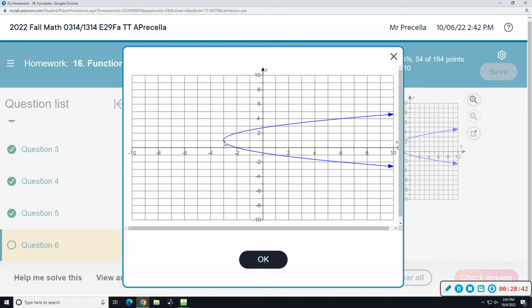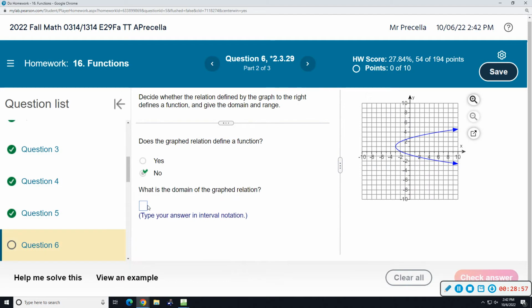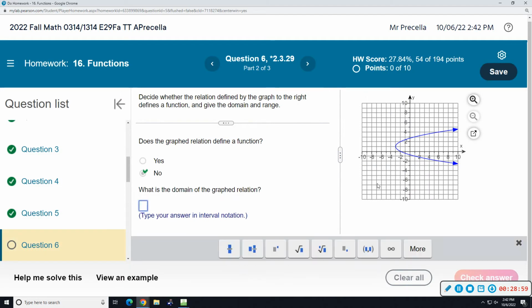Parentheses mean don't include that number. Brackets mean include that number. It would be a bracket, because there is a point at negative 3. So it would be bracket, negative 3, comma, infinity, close parentheses. Let me type it in.